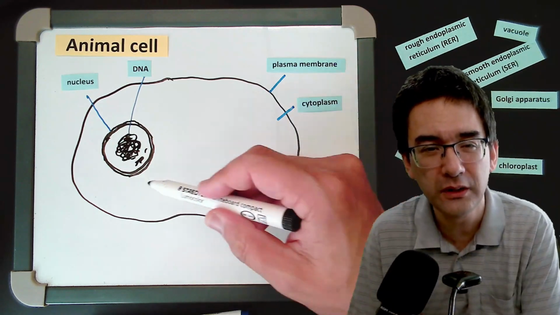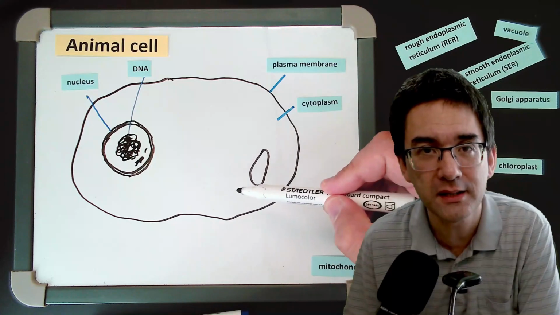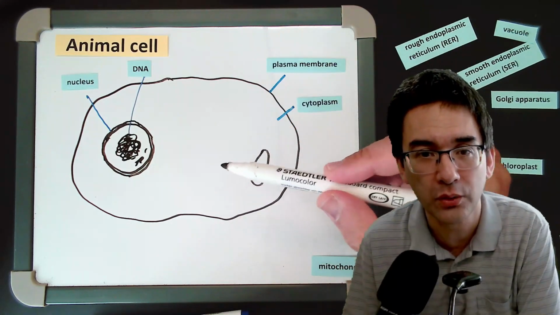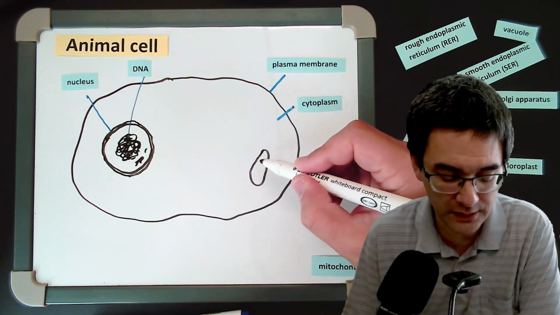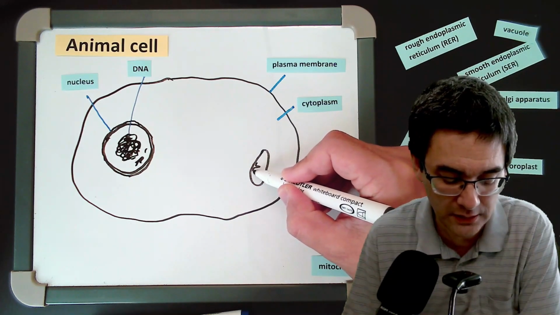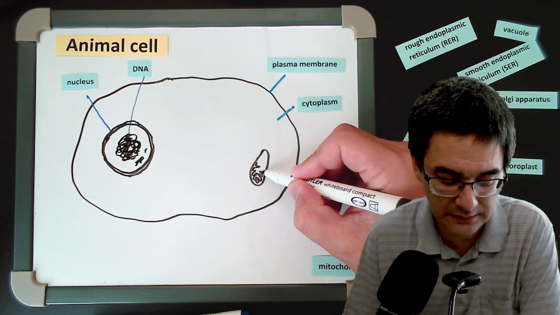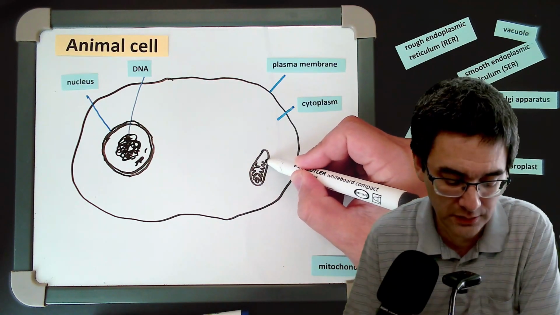The nucleus should actually be bigger, I think, but I do need the space here as well because I'll be adding more organelles. So this is the outer membrane of the mitochondrion, and the mitochondria also has an inner membrane, and there are these infoldings. And yeah, so there is a double membrane here as well.